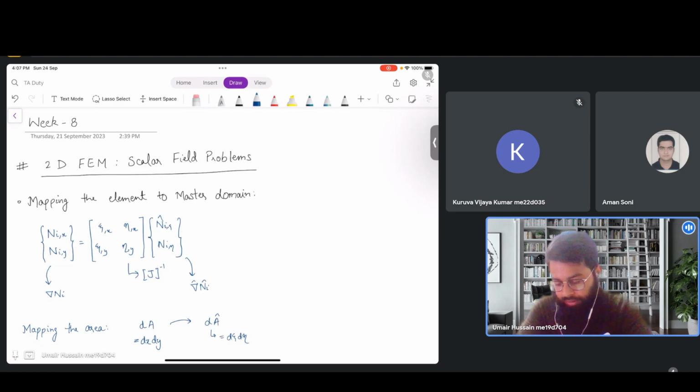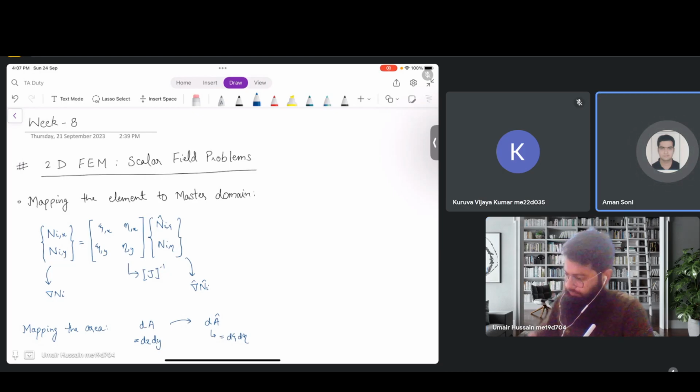First of all, I start again with the question: what do you mean by scalar field problems in 2D FEM? Does anyone have any idea what field problems in 2D FEM are?